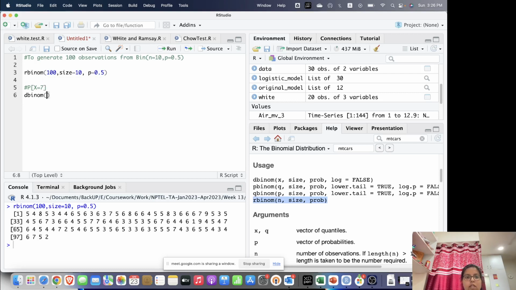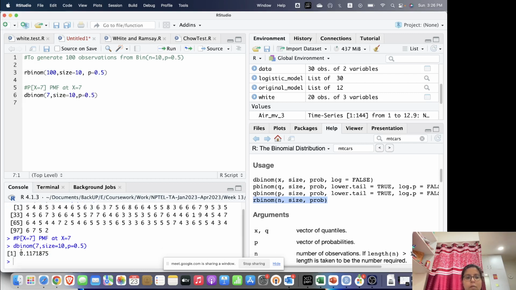So this is the PMF at x equal to 7. If I write dbinom x, I will put 7, size equal to 10, p equal to 0.5. So the probability is 0.117, let's say.